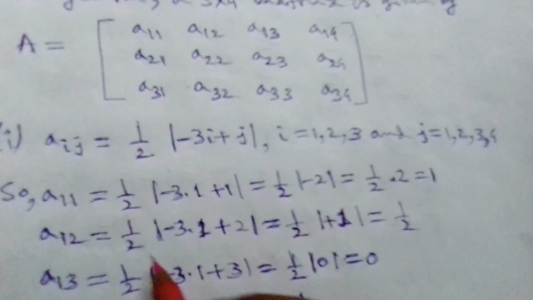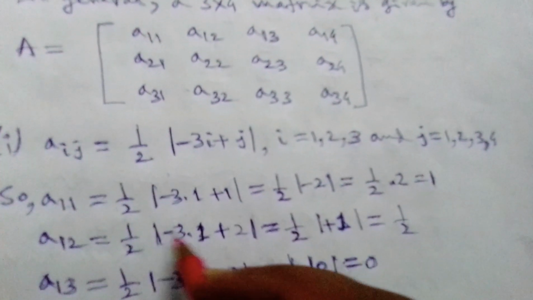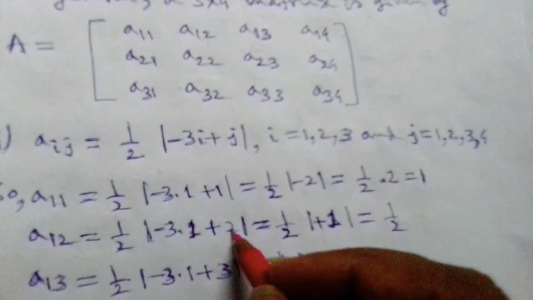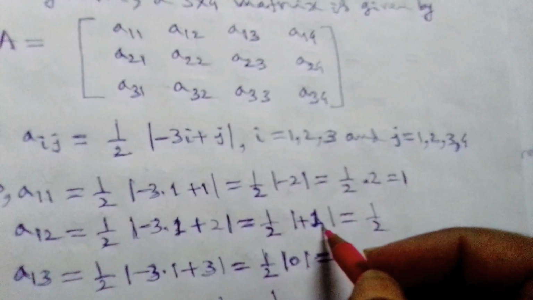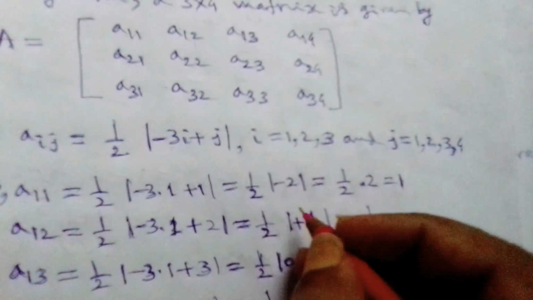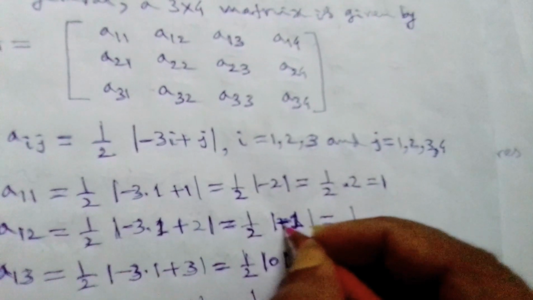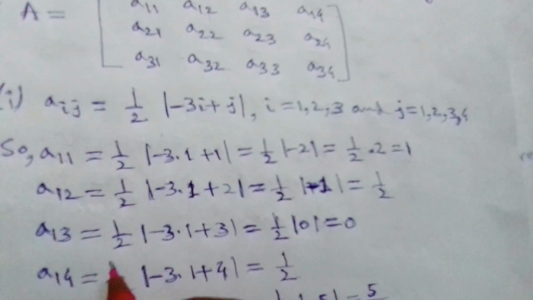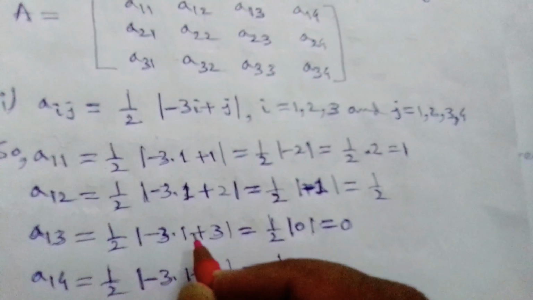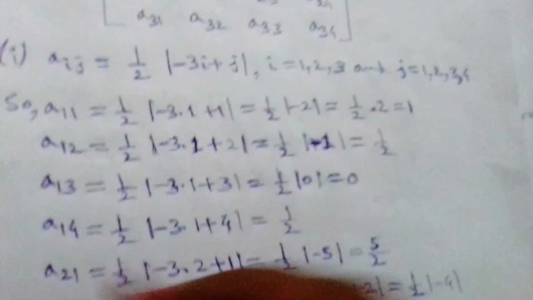Next is A12, half of mod of minus 3 into 1 plus 2, that is minus 1, sorry, and certainly it will be positive, so the result will be half. Next is A13, half of mod of minus 3 into 1 plus 3, that is 0, so it will be 0.